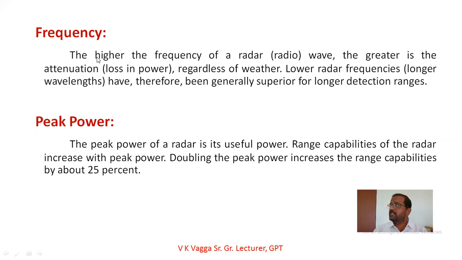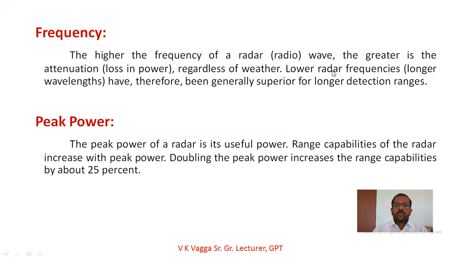If you take a higher frequency of the radar wave, the greater is the attenuation. The increase in frequency is going to cause loss of power, so the signal is going to get attenuated. If the frequency is lower, it is going to give you very good power, regardless of the weather.